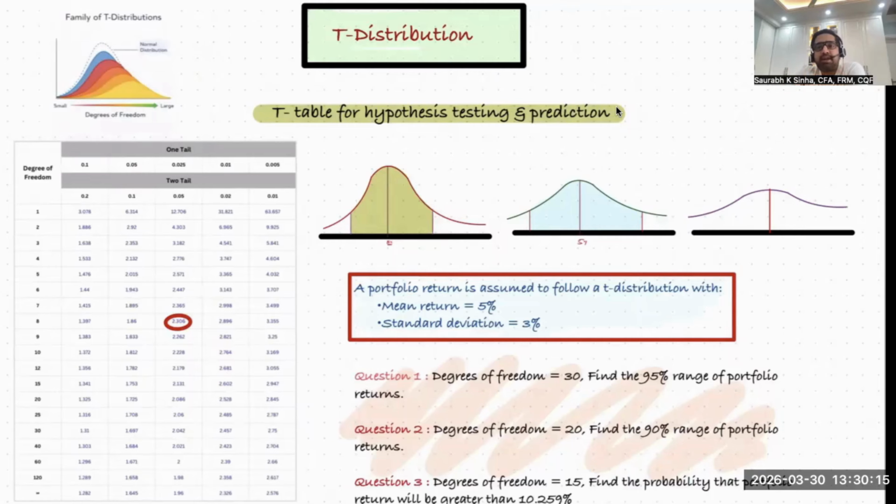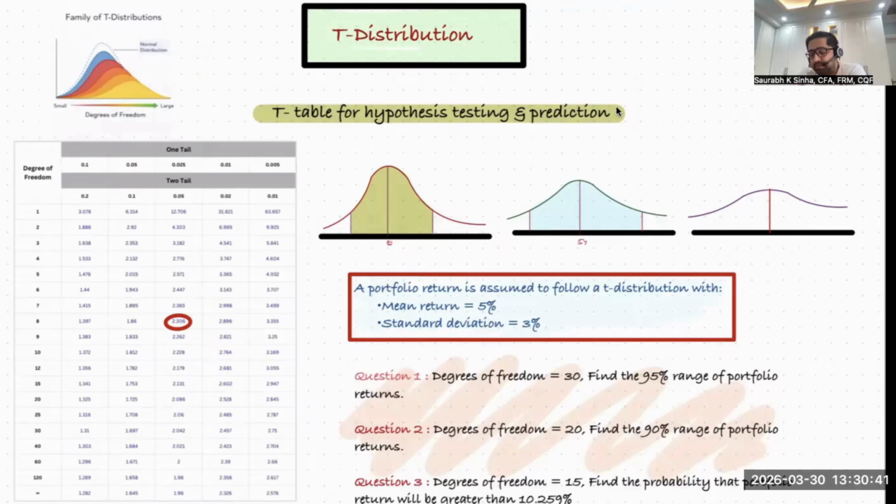If anybody on the planet can come and say that I'm 100% sure that the stock return would be 5%, what is the need to study probability? What is the need to study statistics, right? Because nobody can be 100% sure. Nobody has the crystal ball to see the future. That's why we are studying probability distribution, and that's why we are so focused on speaking in terms of probability, and those probabilities are stored in the t-table.